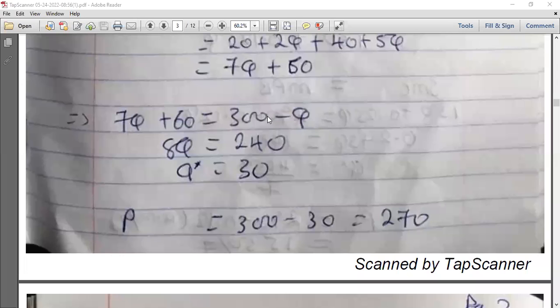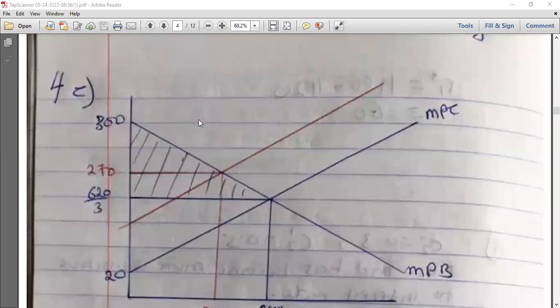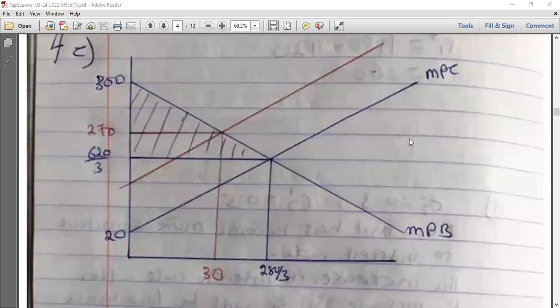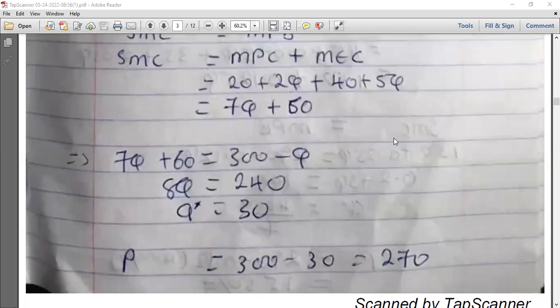If you take the marginal private benefit, it's 300 minus Q. On the price axis, Q is equal to 0. So this is the intercept. When Q is equal to 0, price is equal to what? 300. So the demand curve must touch the price axis where price is equal to 300. Then for the marginal private cost, it was 20.